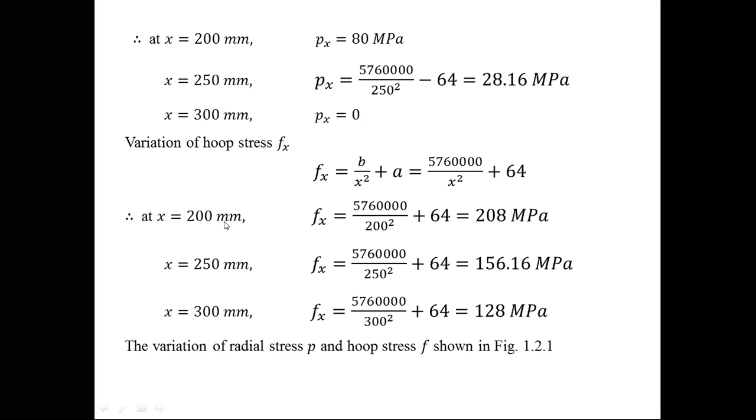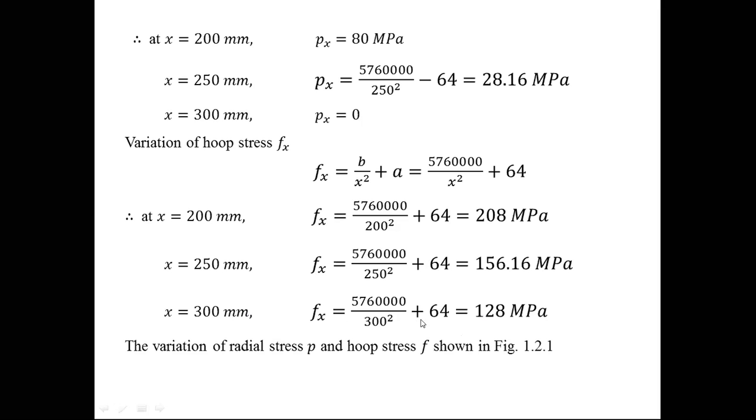So at x is equal to 200, that means the inner face, the hoop stress is 208 MPa, and at radius 250 mm, it is 156. It dropped from the previous one. And x is equal to 300 is the outer side. So maximum hoop stress is at the inner side and minimum hoop stress is at the outer side. This is the variation of the hoop stress.